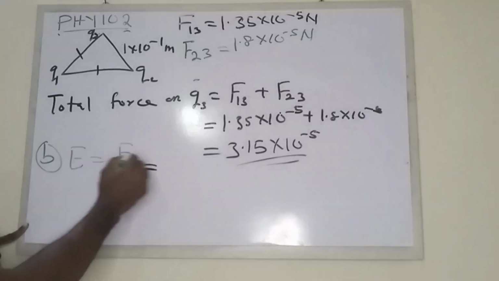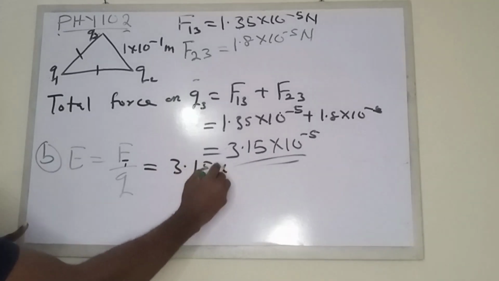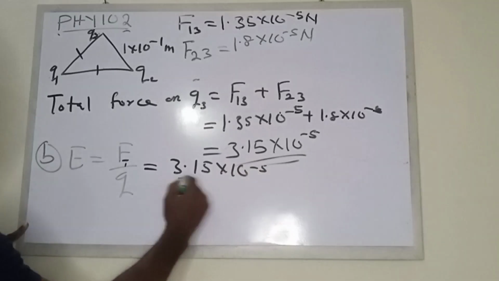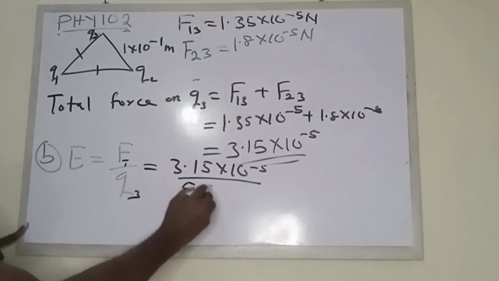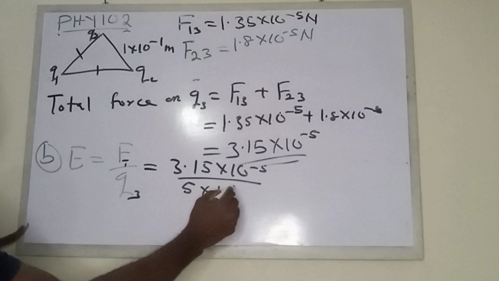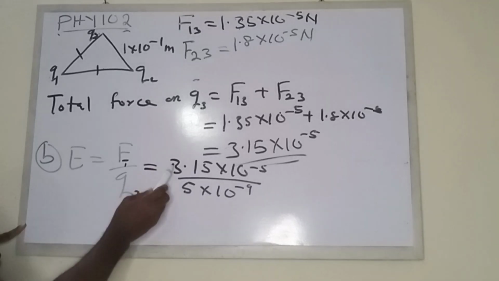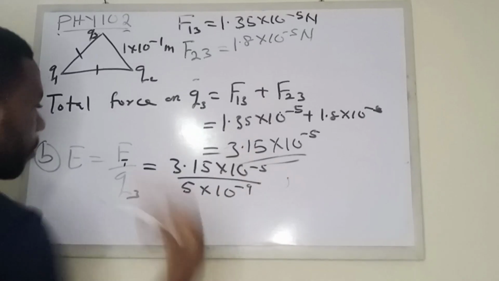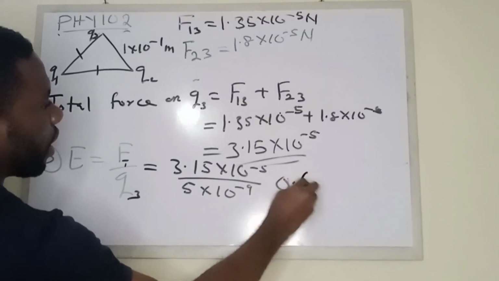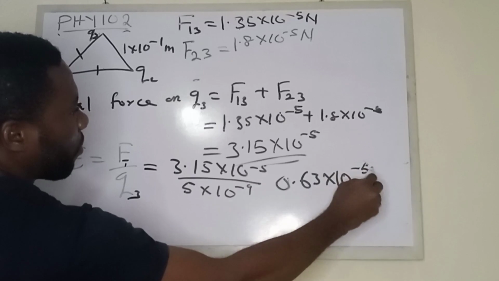Our total force is 3.15 times 10 to the power of minus 5, divided by the charge on Q3. Our charge on Q3 is 5 times 10 raised to the power of minus 9. So at this point, when you say 3.15 divided by 5, we're going to get 0.63 times 10 raised to the power of minus 5.